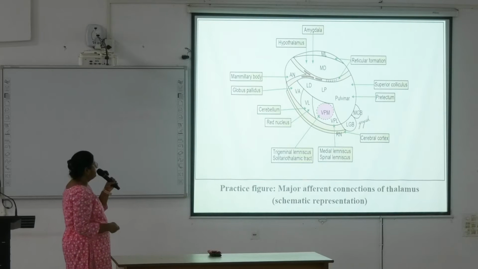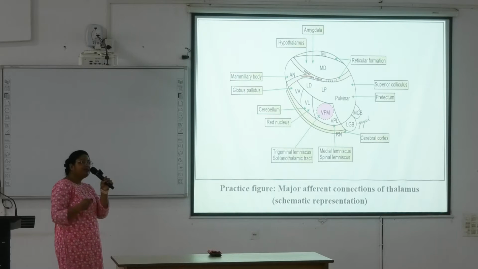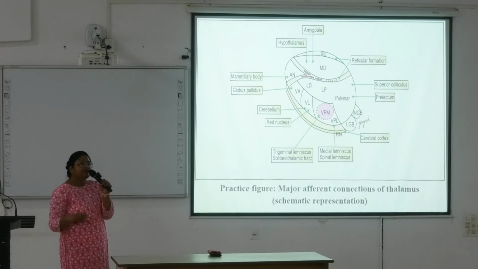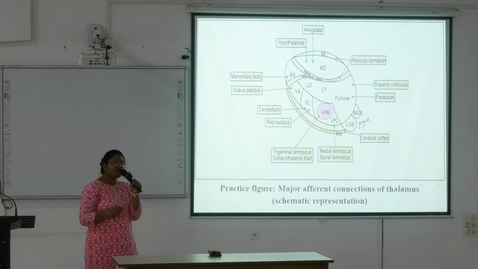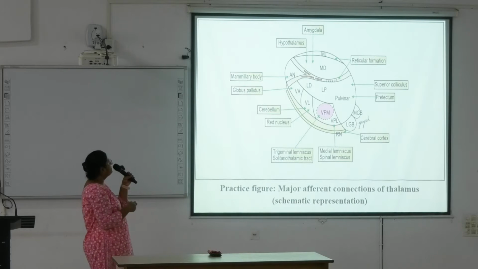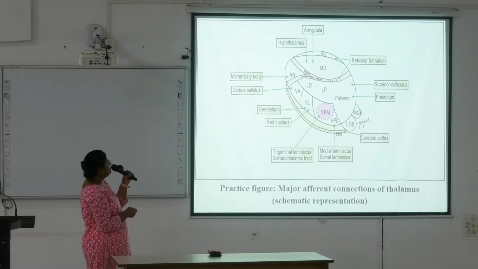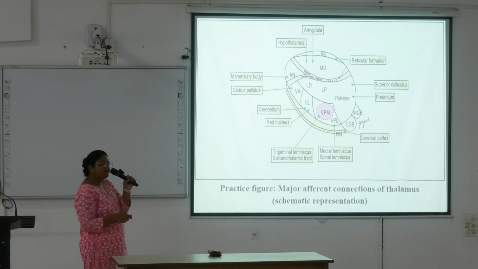see, these are the major connections of thalami, from which part impulses are going to the thalamus. It acts as a relay station for different sensations. So all the sensations are coming from, see, this Y-shaped white matter structure. Thalamus is gray matter.